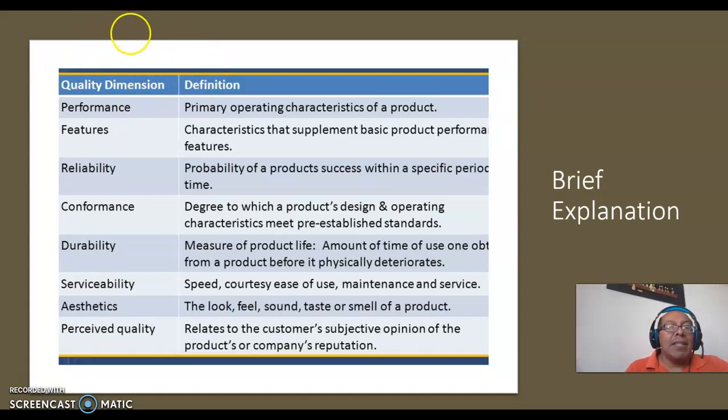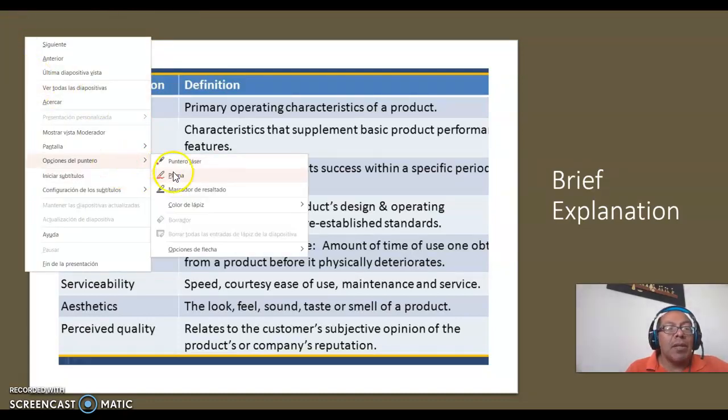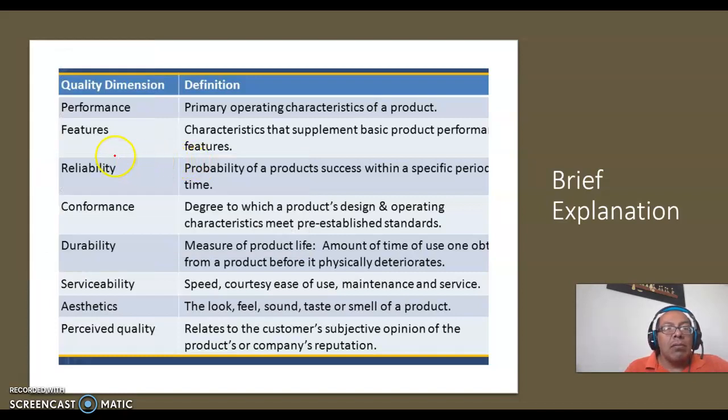Reliability. Reliability is the probability of a product succeeding within a specific period of time. So, reliability is about whether it is working and what is the probability of it working properly in a specific period of time. If the life cycle lasts 5 years, in those 5 years, what is the probability that it can be used at the time that we need it?